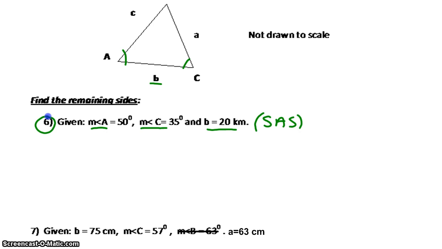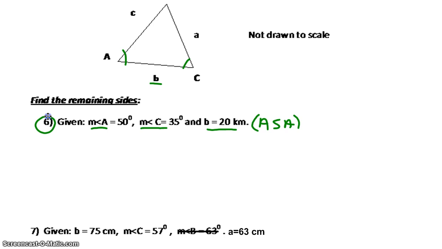Now, how do we solve, I'm sorry, an angle side angle. Every time I do that, I'm ready to use the wrong method of solving. So how can we solve for this one?